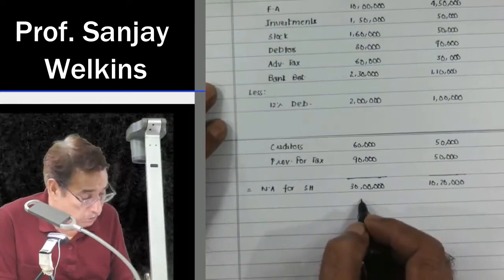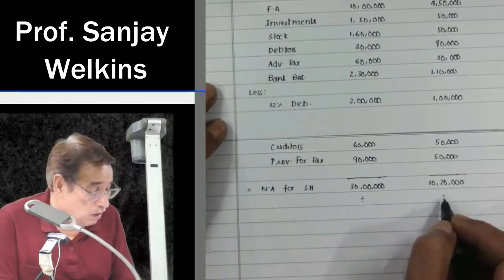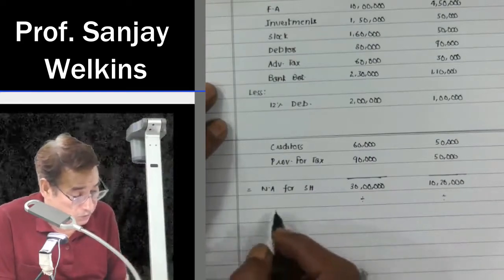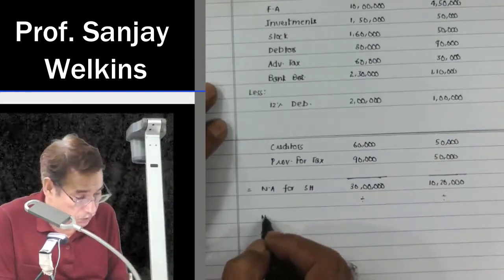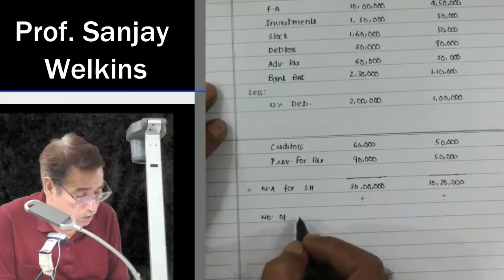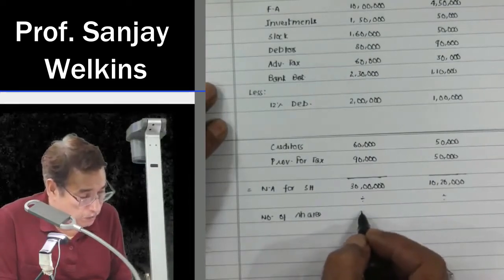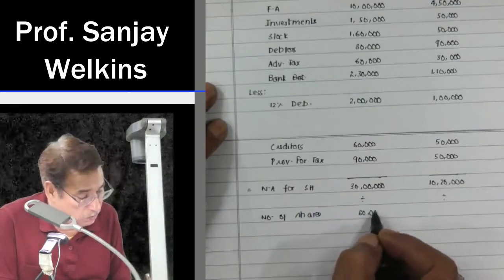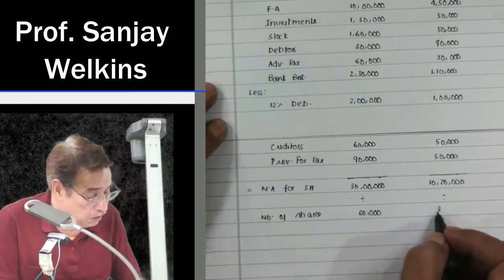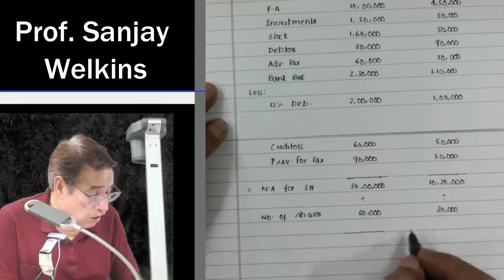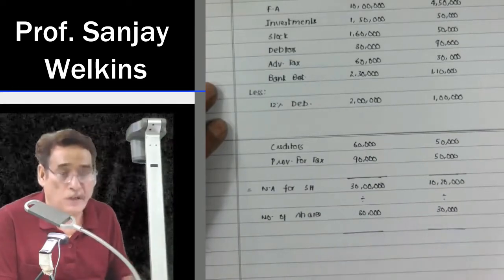So we can simply now divide it by the number of shares. Total number of shares of W1 Limited will be 80,000, and of this entity it must be equal to 30,000. So ultimately now we have been able to find out the intrinsic value of share.